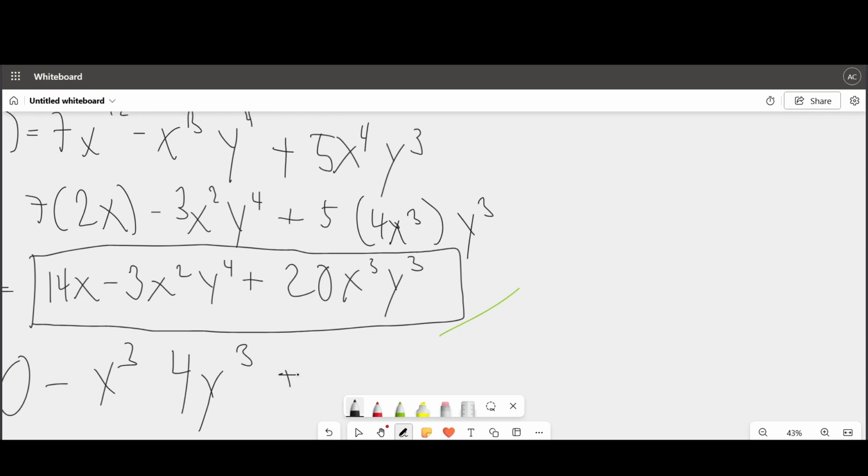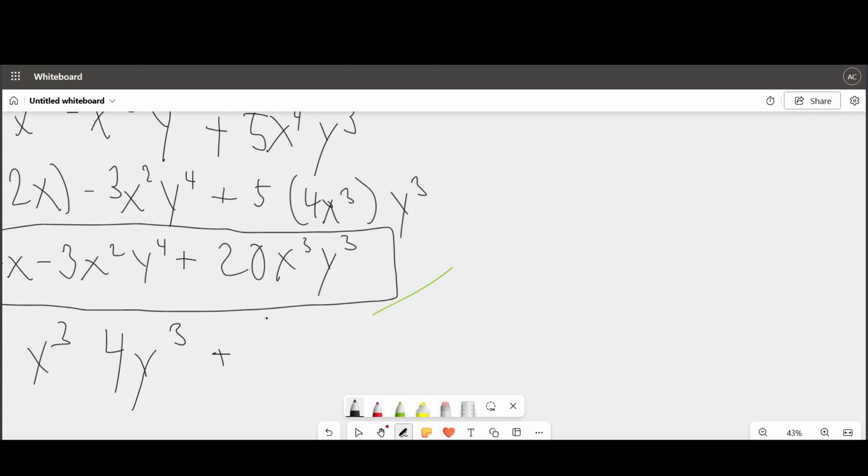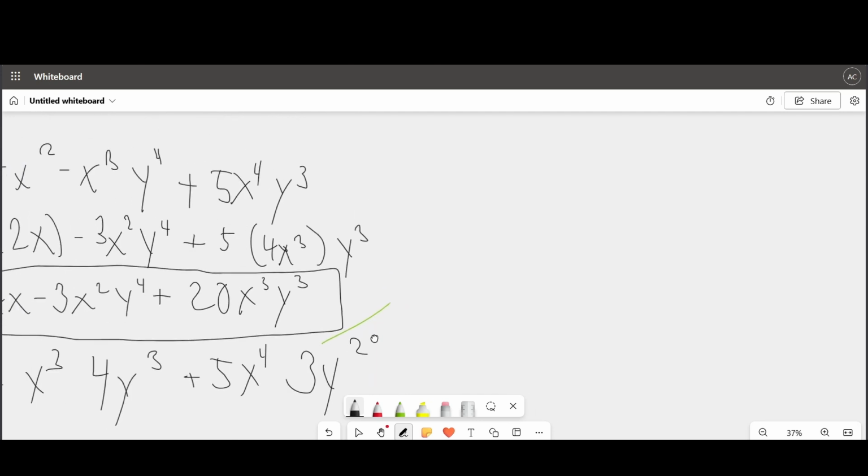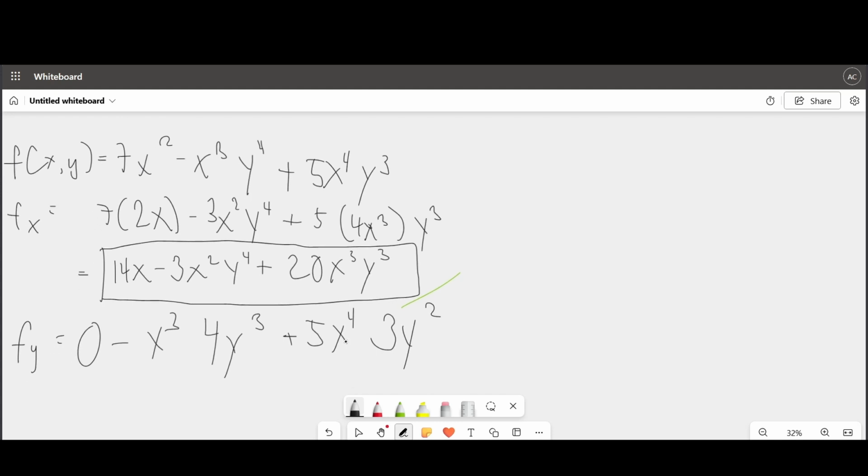So we have a constant here, x cubed. We got x cubed. Then 4y cubed plus, yeah, 5x to the power 4 with 3y squared.